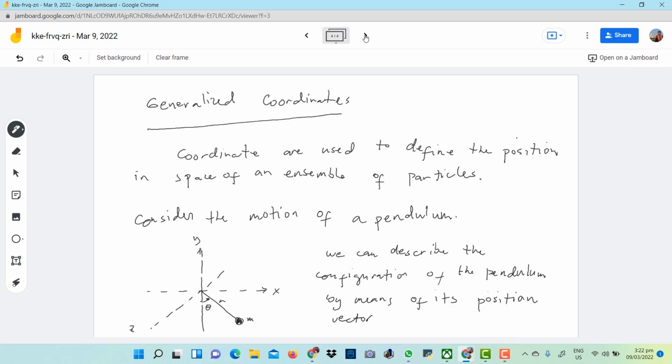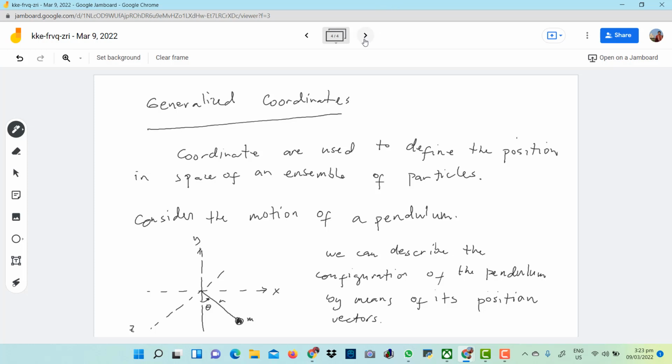Because take note, once we know the position of our mass, we know everything, like velocity, acceleration, and so on. So it is important first to get the position vector of your particle in your system. The position vectors here are in terms of Cartesian x, y, z, or in terms of plane polar r and theta. Okay? So, there are two conditions of constraints to which the pendulum must adhere.